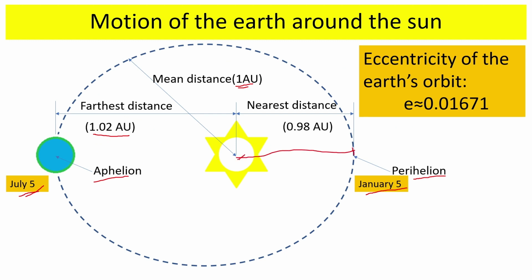So this gives us a fairly good idea of how small the eccentricity of this Earth's orbit around the Sun is, and this eccentricity actually comes out to be very small, 0.01671. So that's why we can say that the Earth moves almost in a circular orbit around the Sun, but not exactly a circular orbit. It's an elliptical orbit, but with very small eccentricity.